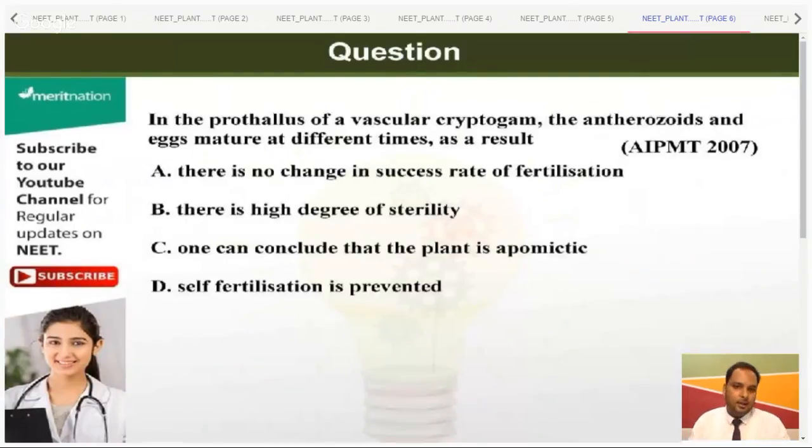So here, another question: in the prothallus of vascular cryptogam, the antherozoids and egg mature at different times. As a result, now this is a very common sense question. If you understand a little bit about reproduction, you can answer without knowing the intricacies of this topic.